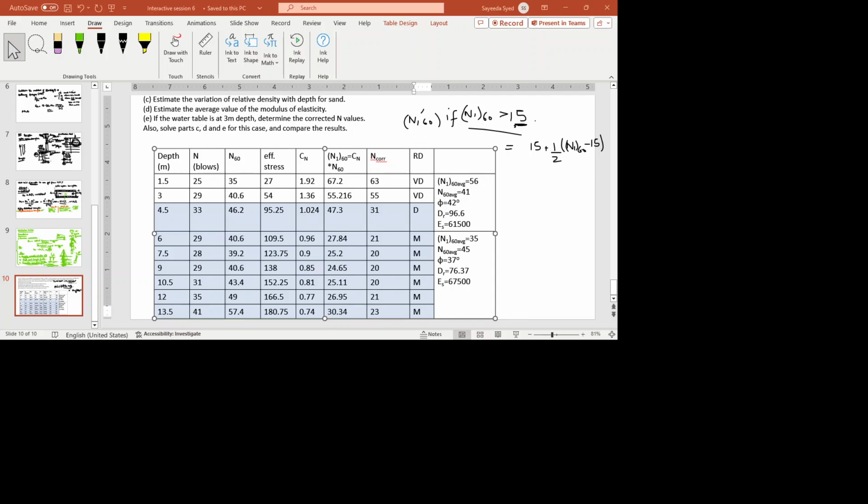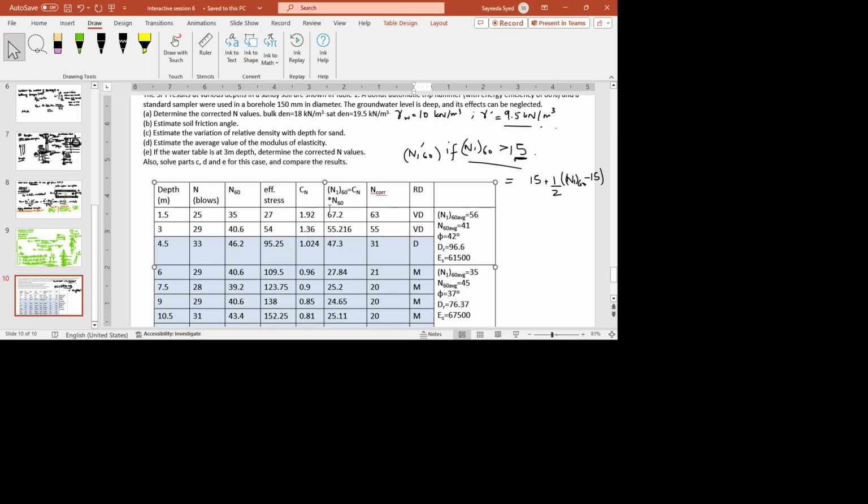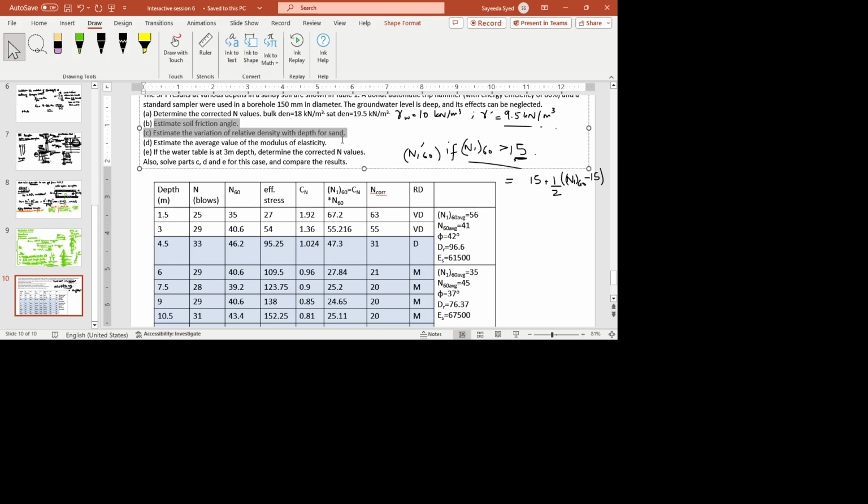I must mention that I have taken this question up to let you know that there are many empirical relations between the soil parameters, and very useful ones, and they are being used throughout geotechnical engineering practice.